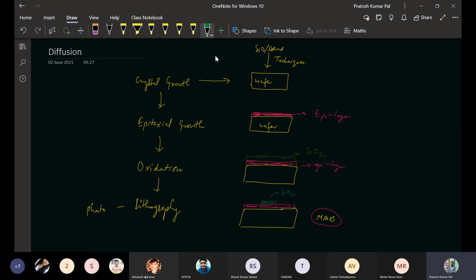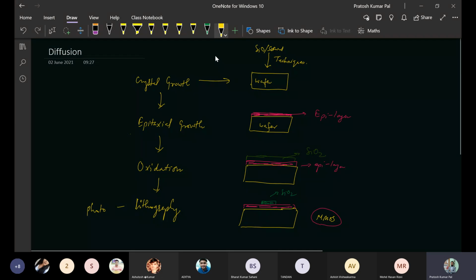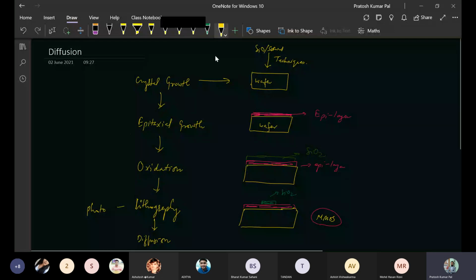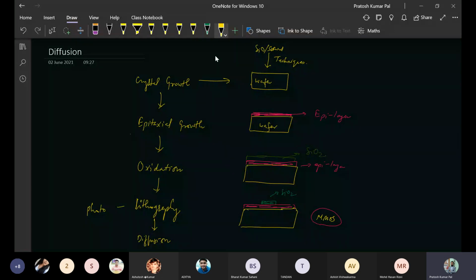After this lithography comes the diffusion. In diffusion, in the channel region, we will be depositing N type or P type.